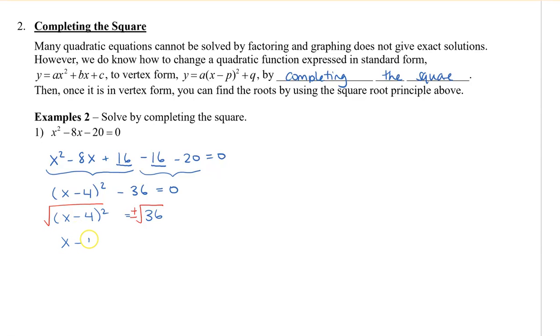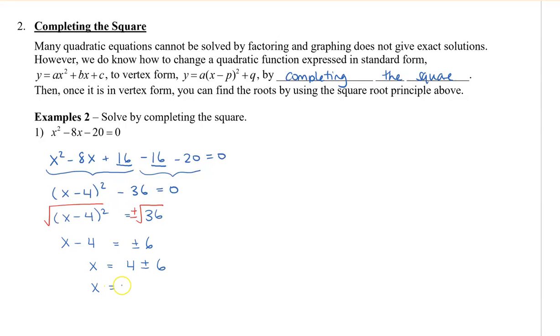So now we have x minus 4 equals plus or minus, and then we can square root 36, and that is 6. Add both sides, we're going to add 4 to both sides. So we have x is equal to 4 plus or minus 6. Now the plus or minus, remember, it belongs to the 6 and not to the 4.